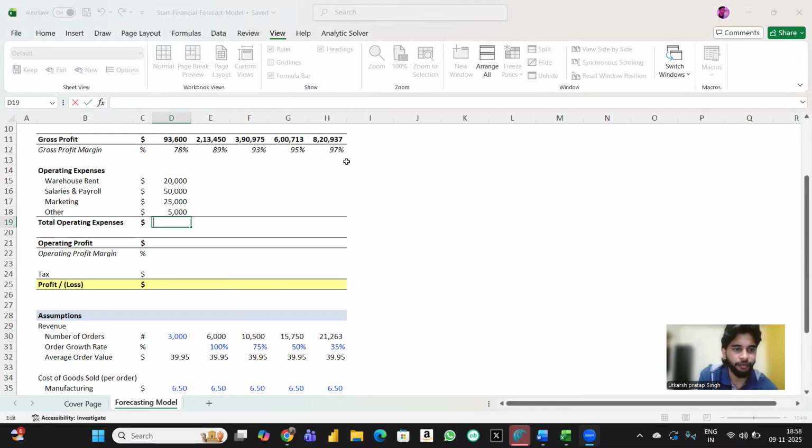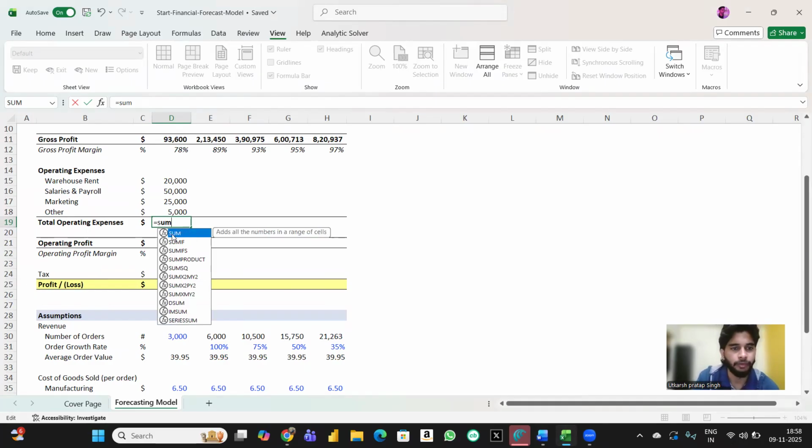Now, as we have all the operating expenses for the very first year, we are going to add up, this is equal to sum from all the four numbers, closing the bracket.